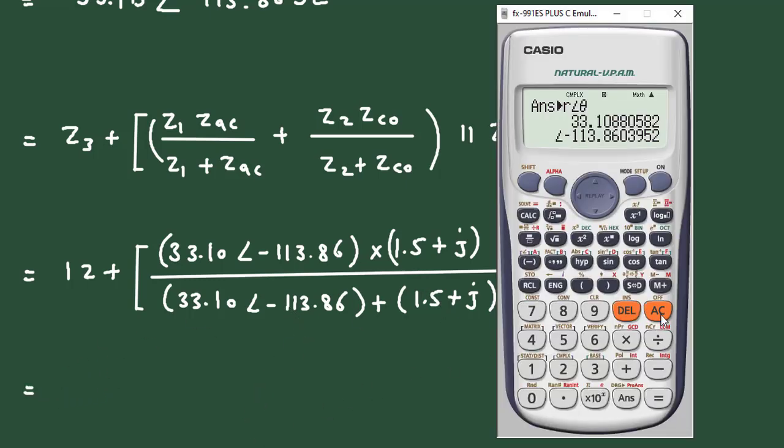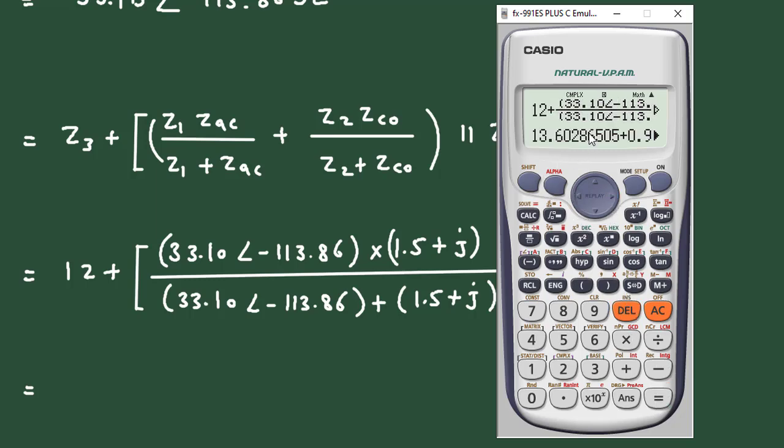Let's put all the values in the calculator. 12 plus 33.10 at an angle minus 113.86 multiplied with 1.5 plus J, divided by 33.10 at an angle minus 113.86 plus 1.5 plus J. We can delete this bracket.